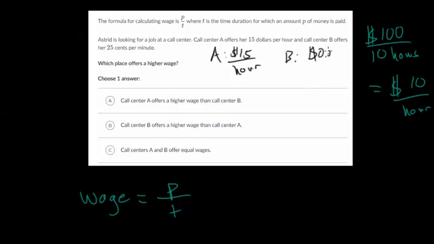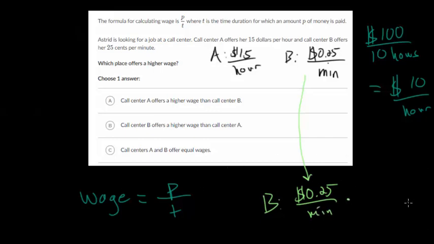So that's 25 cents in 1 minute. And so we need to change this to dollars per hour. So I need to do unit conversion and get rid of minutes here. So let me just work down here. For B, we've got 25 cents per minute, and we want to change it to dollars per hour.